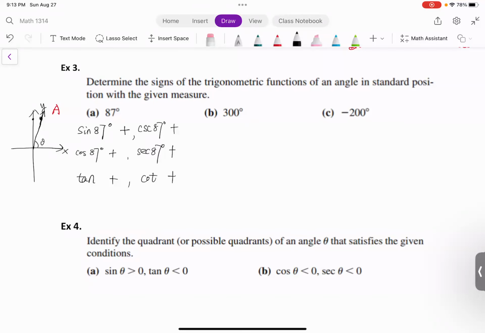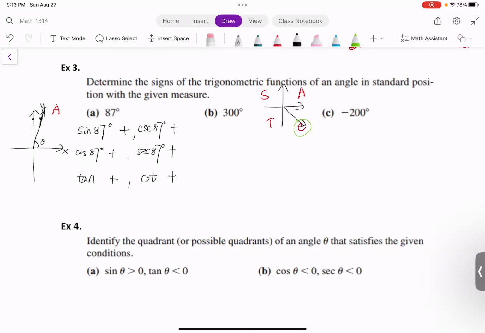How about part B? Where is the angle 300 degrees? Let's find 300. If I draw it this way, 300 is here in the fourth quadrant. So let's put some information here. Let's erase this and put A, S, T, C. All students take calculus. So in the fourth quadrant, only cosine and its reciprocal are positive. Let's highlight the C for cosine.